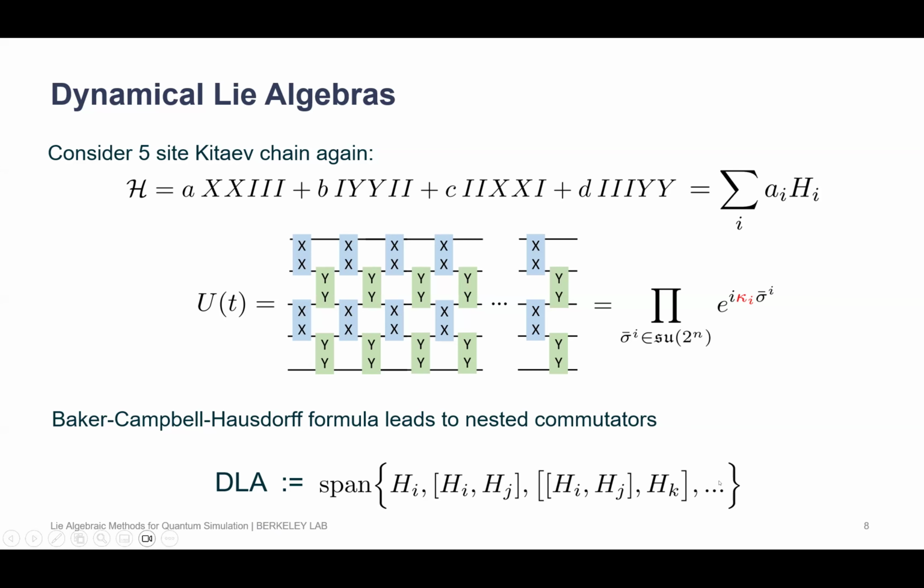So that is why the dynamical algebra is defined. That allows us to replace this SU(2) to the power of n by the DLA that we defined here. And at the end, it will be reducing the number of gates that we need to use and possibly reduce the circuit depth from arbitrarily large to some fixed number, okay?